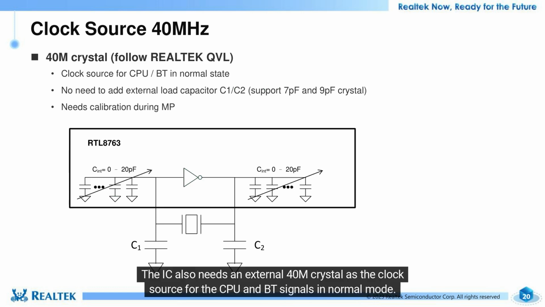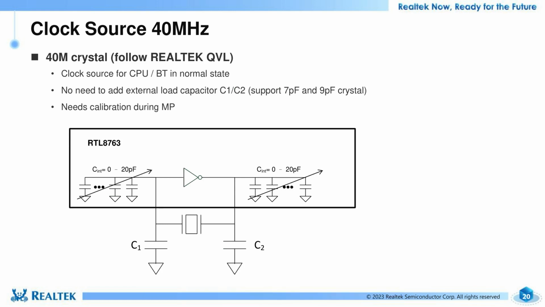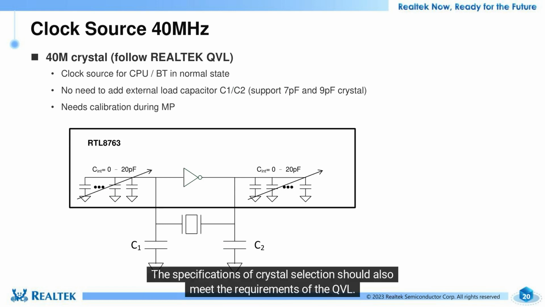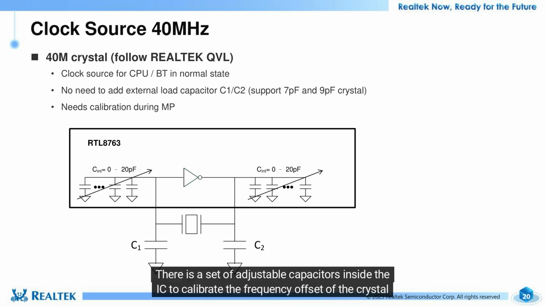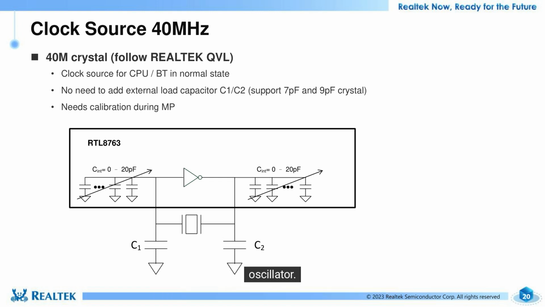The IC also needs an external 40M crystal as the clock source for the CPU and BT signals in normal mode. The specifications of crystal selection should also meet the requirements of the QVL. There is a set of adjustable capacitors inside the IC to calibrate the frequency offset of the crystal oscillator.